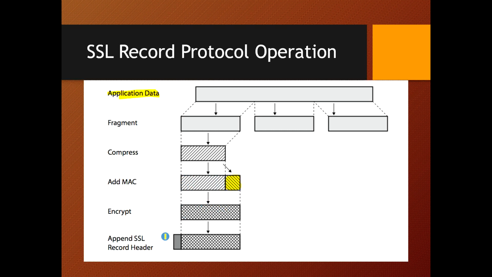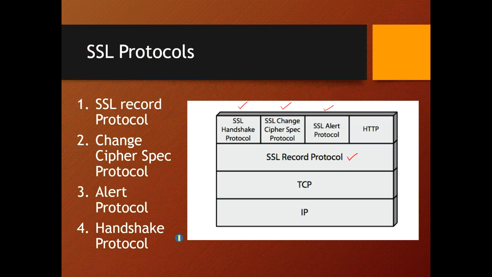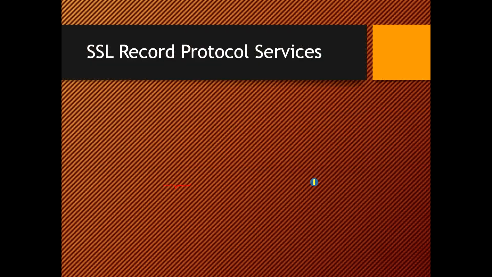After encryption, we are going to add the header. This part is the header, and this will be transmitted to the TCP segment. If you can recall the architecture, whatever output you get from this protocol will be sent to the TCP segment.